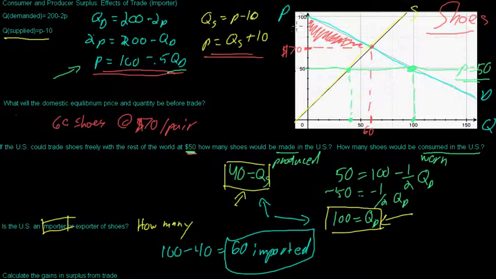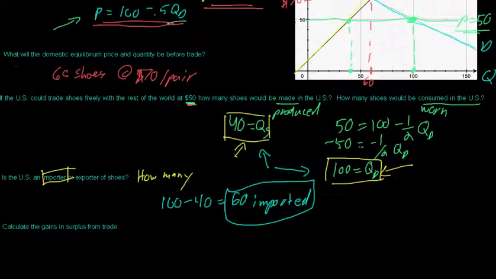So this right here is 30, and the base of the triangle is from 0 to 60. So we have 60 times 30 divided by 2 is 900. So pre-trade consumer surplus is equal to 900.